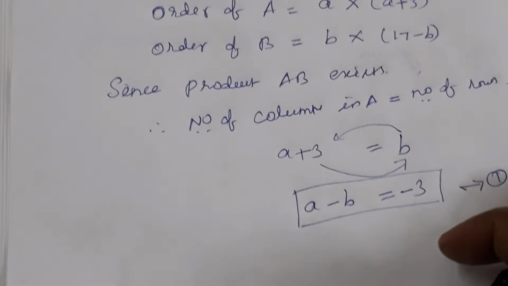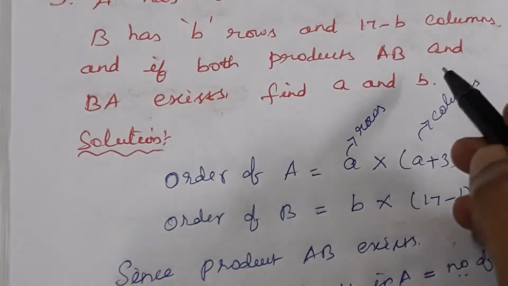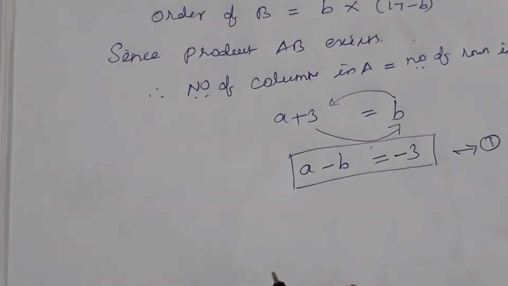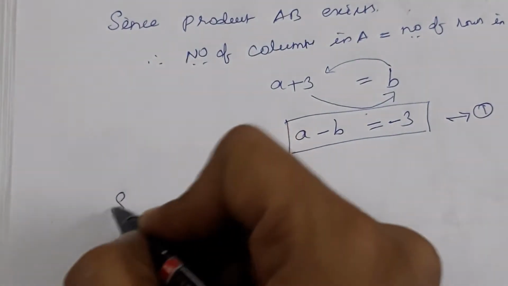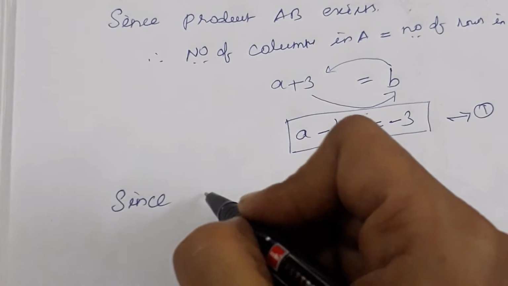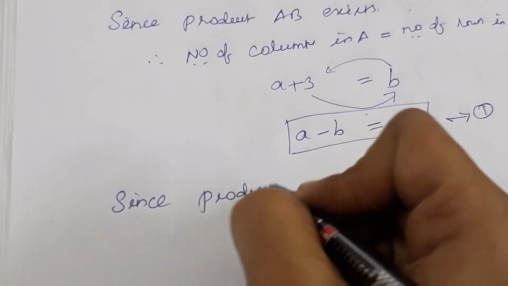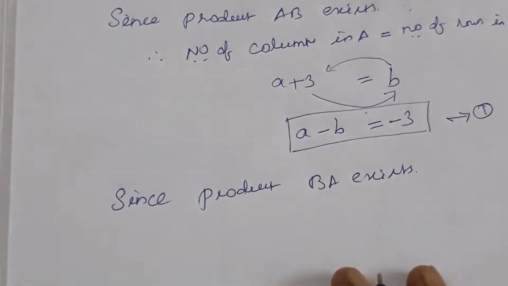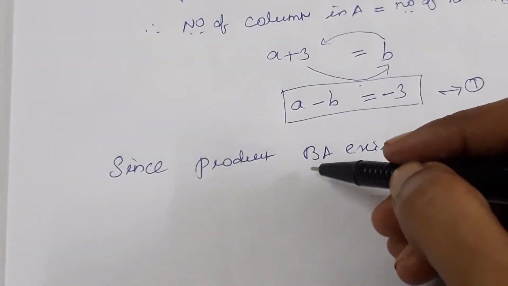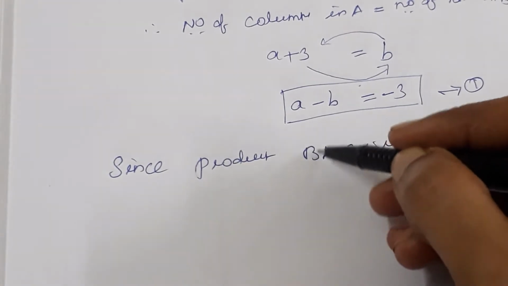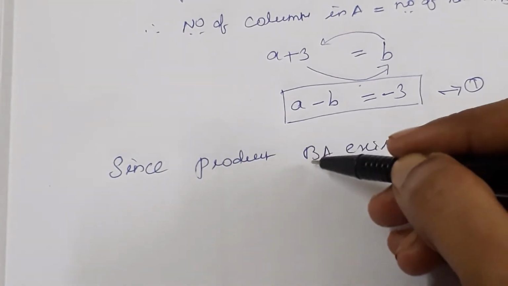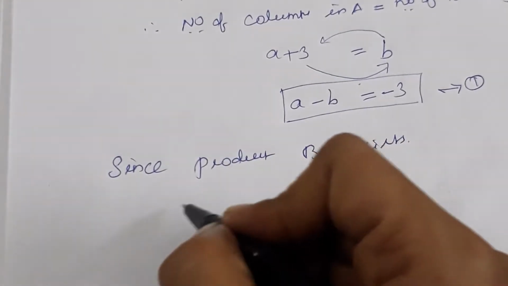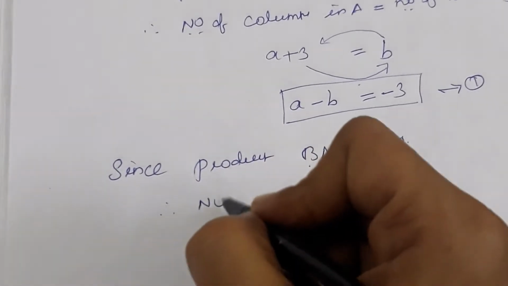Okay, and then our next step is, we are given in the question that BA also exists. So since product BA exists, now we have to look at the columns of B. Number of columns in B equals number of rows in A. So that is our procedure for the existence of the product.